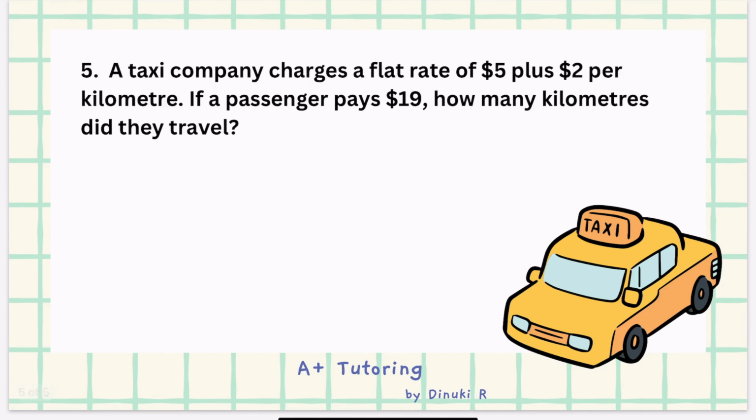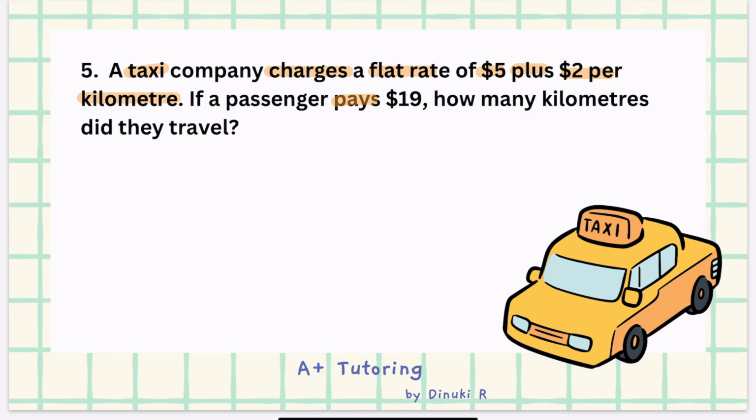Okay, for the final question today, again, pause the video here and take a second to read through it. Okay, now that you've had a chance to read through it, let's go through it together. A taxi company charges a flat rate of $5 plus $2 per kilometer.